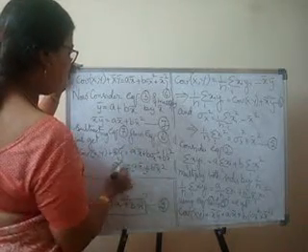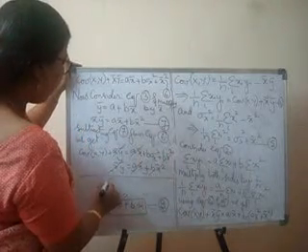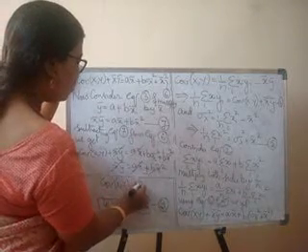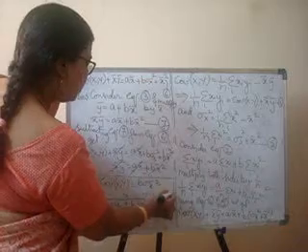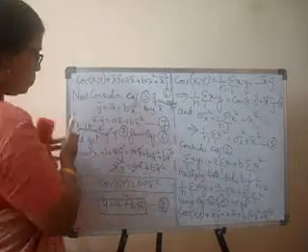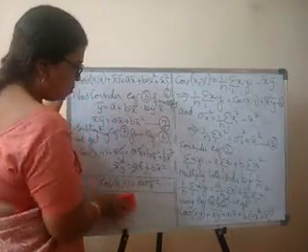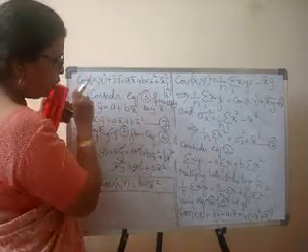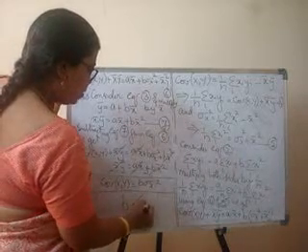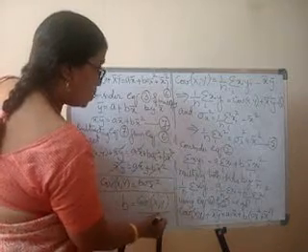So x bar y bar cancels, a x bar cancels, and we are left with covariance of x comma y is equal to b sigma x square. Therefore, b is equal to covariance of x comma y by sigma x square.